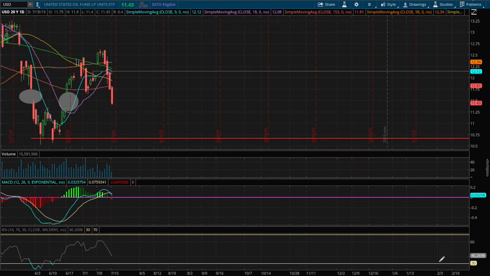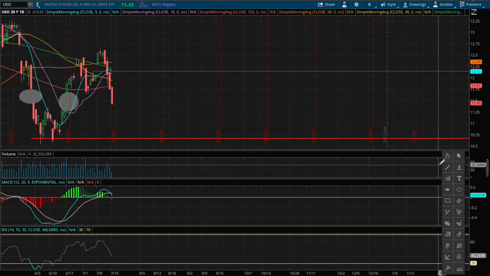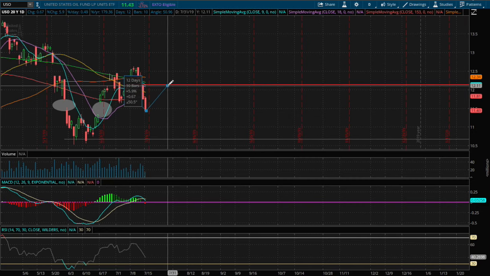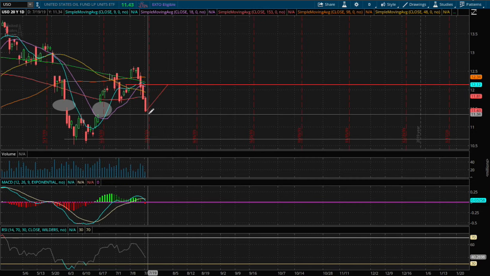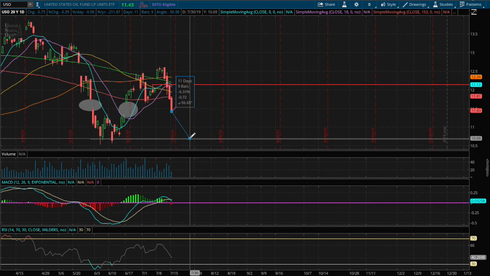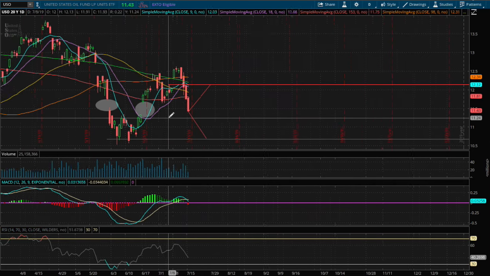If we were to move higher, that price movement is roughly 5.9% or 6%. But if we were to touch support right down here, that is roughly a 6.3% move down.